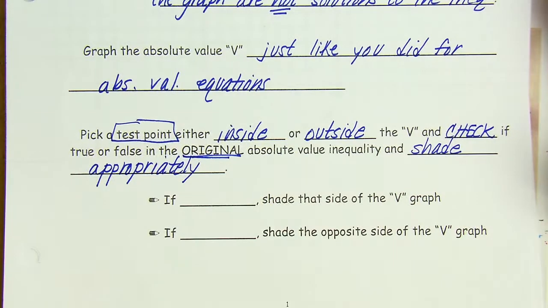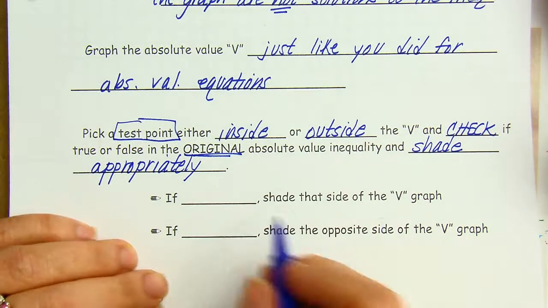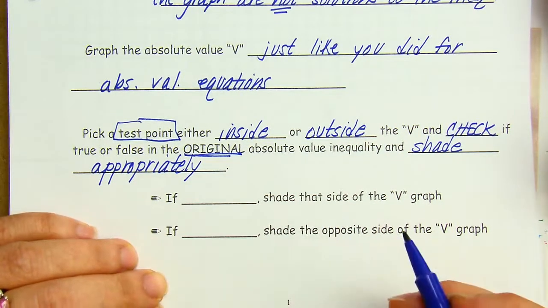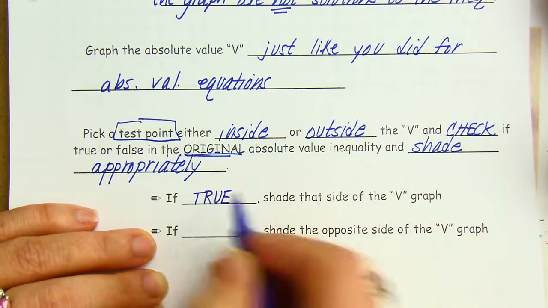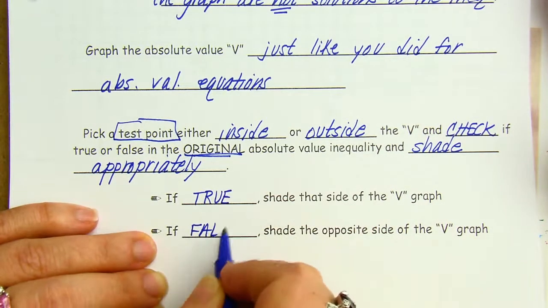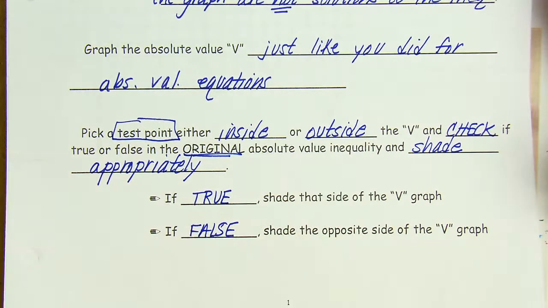Okay, if the point you pick is inside the V-shaped graph and it's true, then you're going to shade inside. So if true, shade that side, whether it's inside or outside. And of course, if it's false, you're going to shade the opposite.